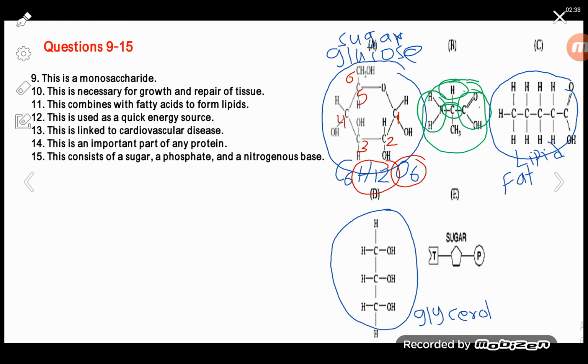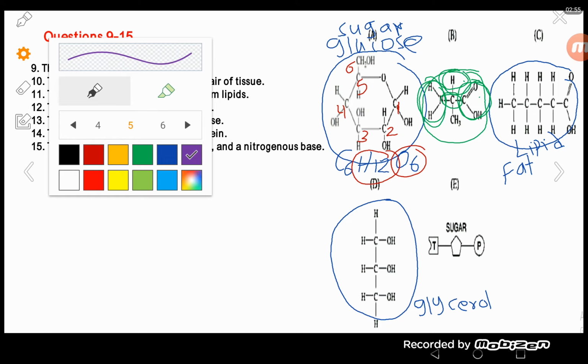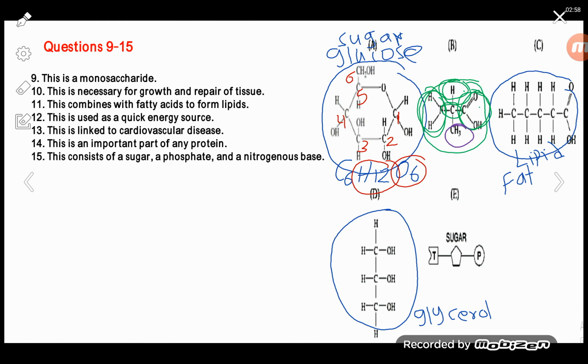So you have to easily identify an amino acid. What do they look like? They are made up of this amine group, hydrogen, and this carboxyl group. But this other part will change. From one amino acid to another there will be different substances, different elements, different molecules.